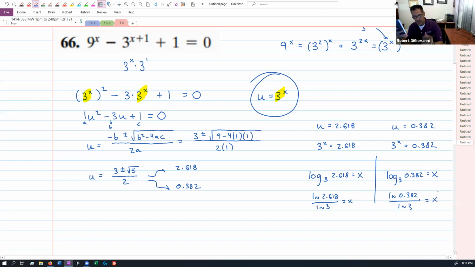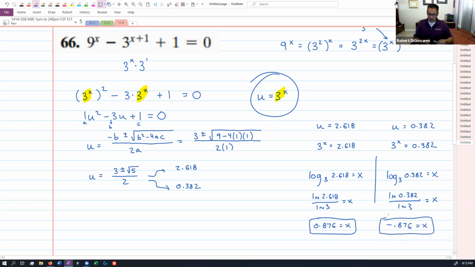So we're going to get our 2 answers here. I'm doing them on my calculator. Natural log of 2.618 divided by natural log of 3. So this becomes 0.876 is x. And then this one, natural log of 0.382 divided by natural log of 3. And I get negative 0.875, or let's say 0.876, is x. So there are my 2 answers.